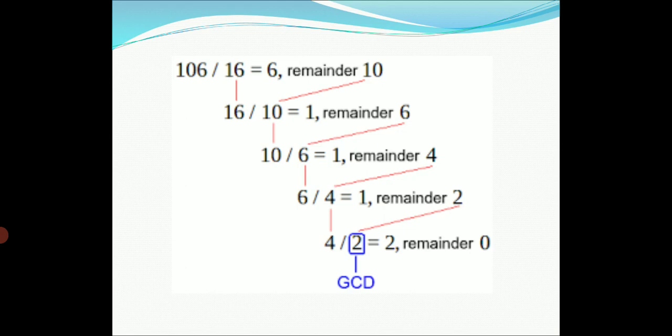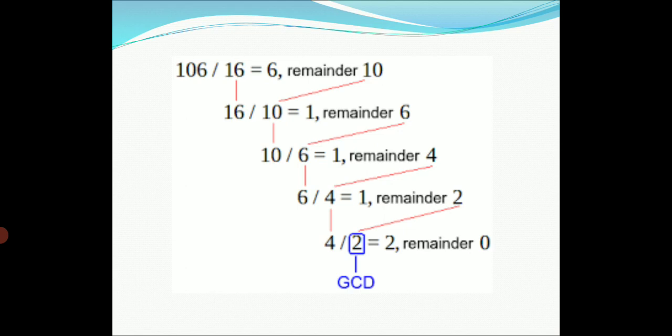So this is one general example. 106 divided by 16: the quotient becomes 6 and the remainder is 10. Then in the next recursive call, 16 is divided by 10.